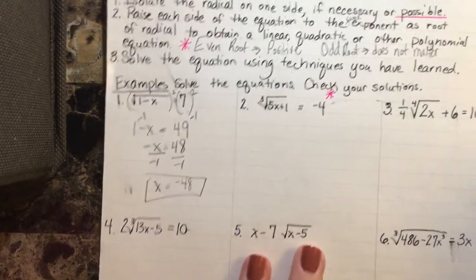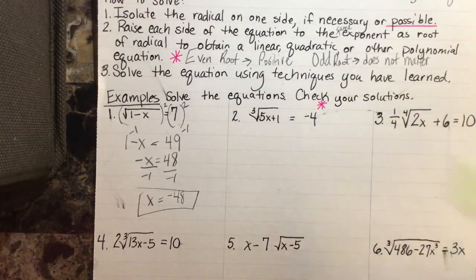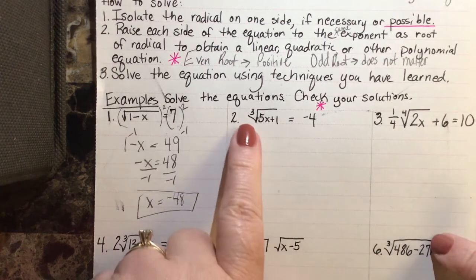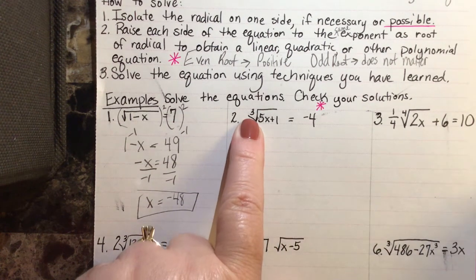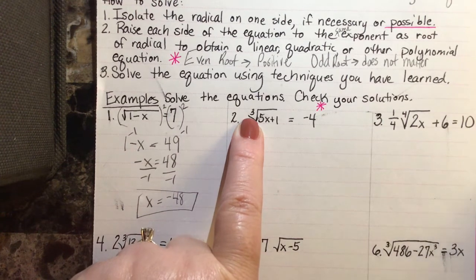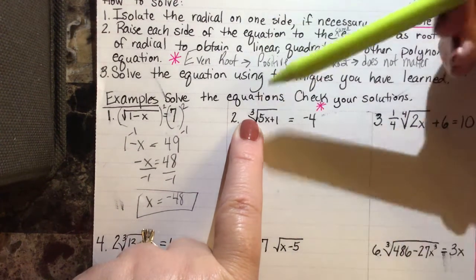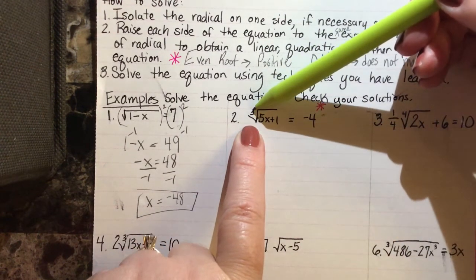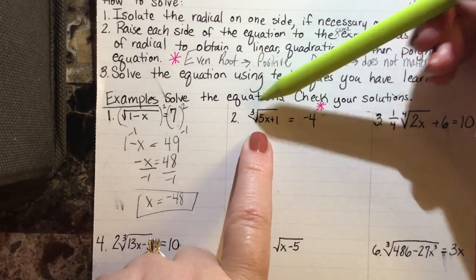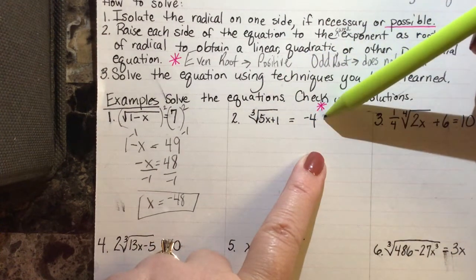For number 2, I've discussed this negative sign already, so I want you to think for a moment, is this one going to be no solution, or am I going to be able to continue? I would look at the root of my radical. Is this an even root or an odd root? A 3 is an odd root, so that means it does not matter that this number is negative.